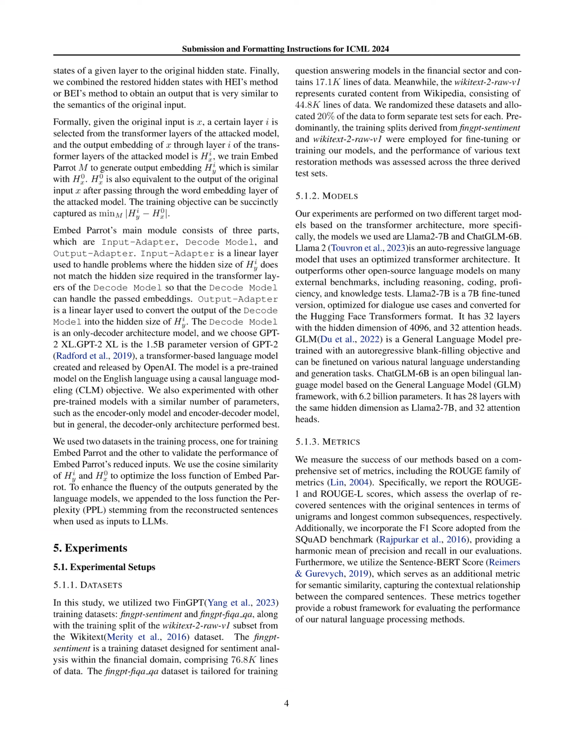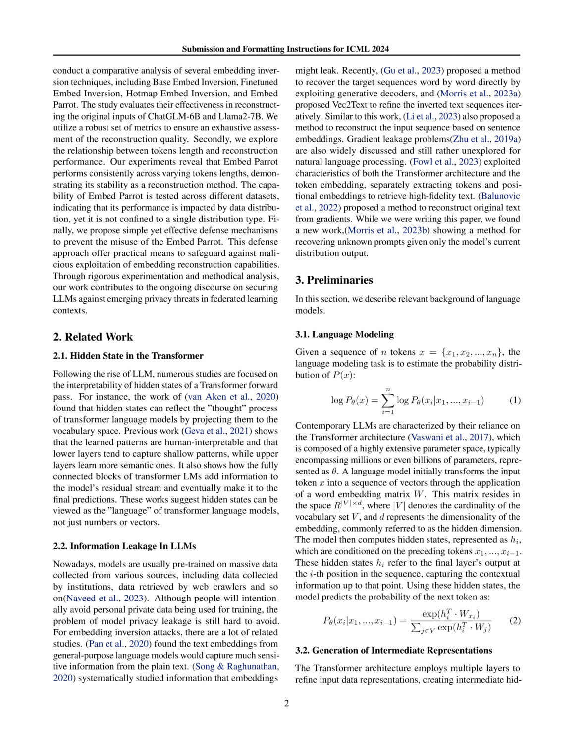The Wikitext-2 raw v1 dataset is utilized to assess the generalizability of Embed Parrot across different data distributions. By using these datasets, the study ensures a comprehensive evaluation of Embed Parrot's effectiveness in reconstructing original inputs from hidden states of transformer layers across various text data domains, thereby demonstrating the robustness and versatility of the proposed method in different contexts.